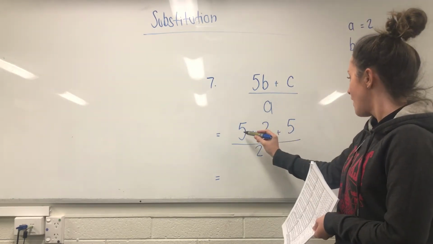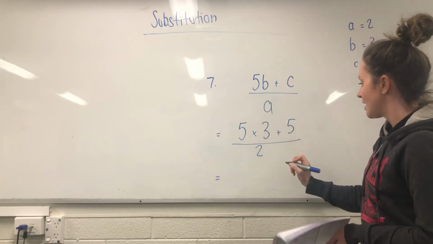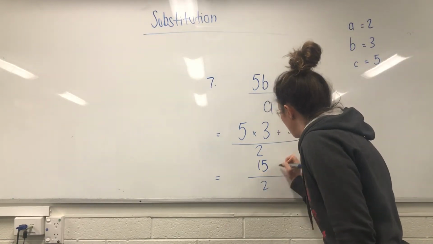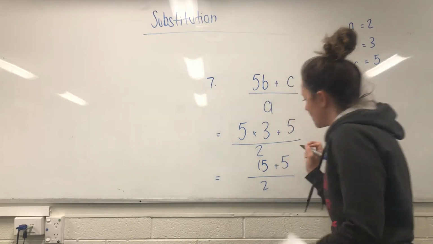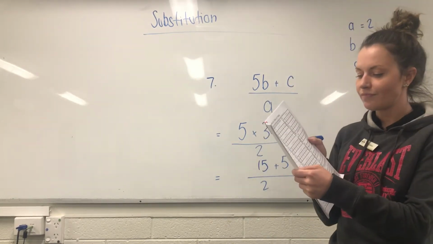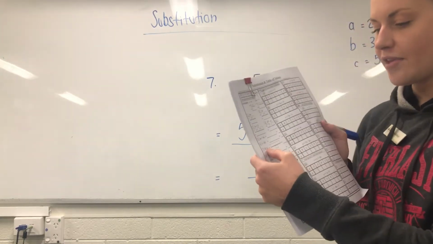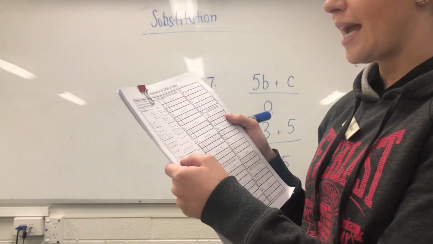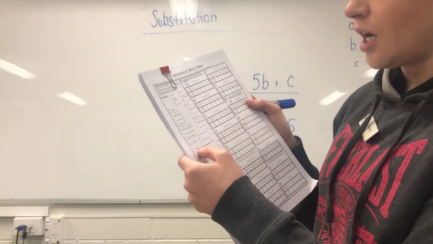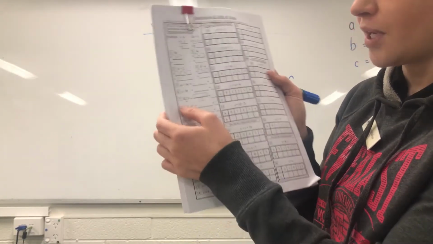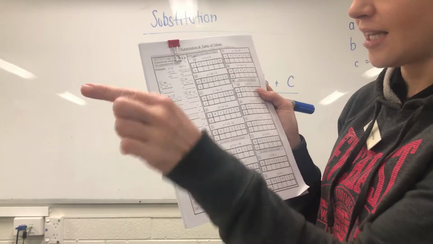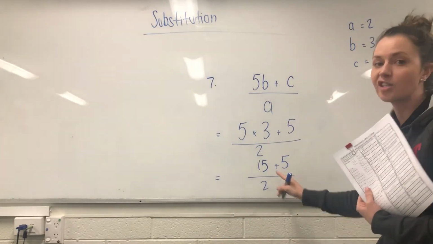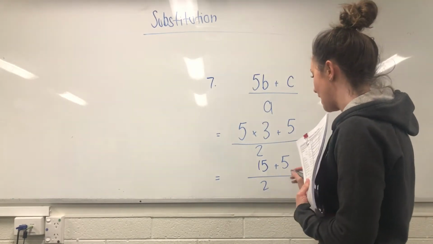So we're going to go 5 times 3, and that's going to equal 15. So we've still got plus 5 over 2. Even though it doesn't have brackets there, and I've just said we always do our multiplication and division first, I can tell that 5B plus C is clearly on top of the A, so we're going to have to add that 5 first before we do our division in this case.